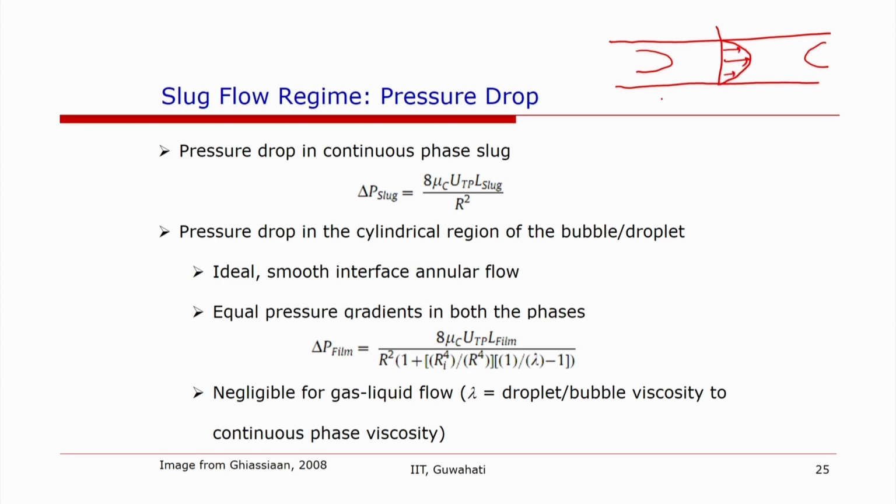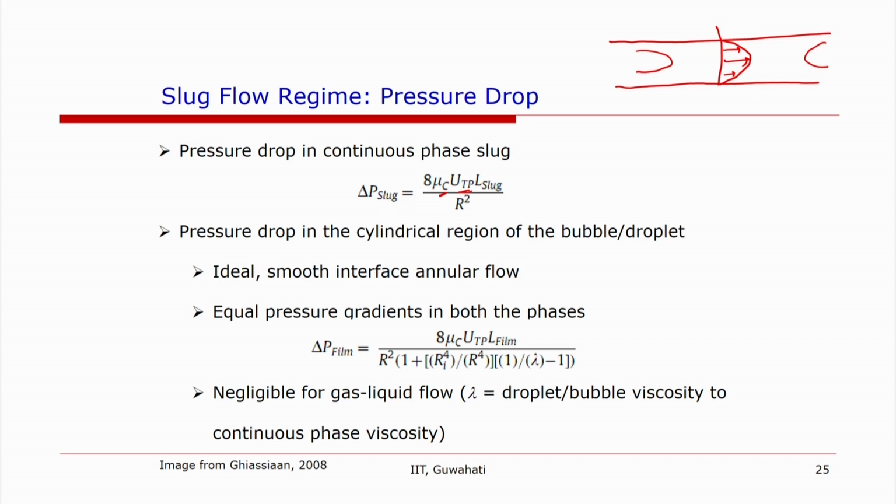So for long slugs, one can use the Hagen-Poiseuille correlation, from where one can obtain that the pressure drop is 8 mu u L over r square, where C is the continuous phase, UTP is the two phase velocity, sum of the velocity of the two phases, and L is the length of the slug. So the pressure drop in the slug phase is given by this.